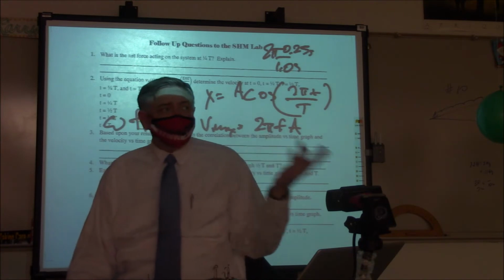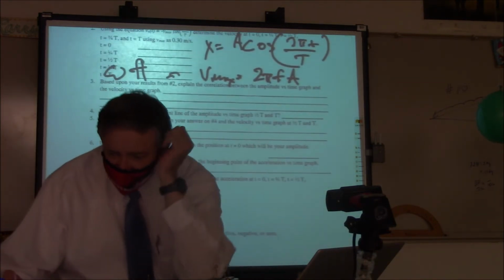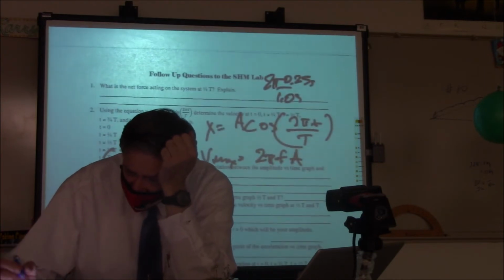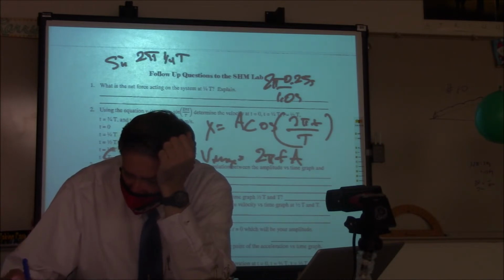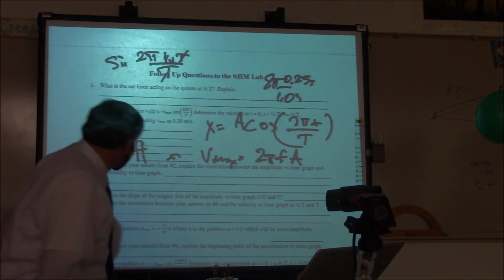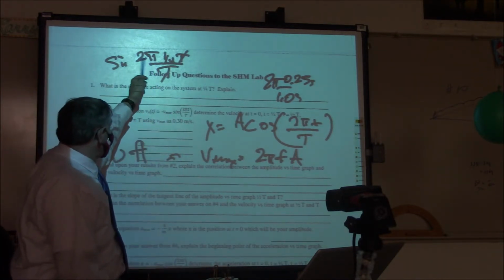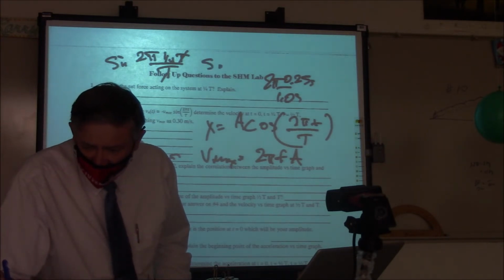Now, the other thing that you can do is a little bit more elegant. Again, it's a personal preference thing. You could go sine of 2 pi, and then you've got 1/4 t over t. The t's cancel out. So I have 1/4 times 2 pi, which is the same as taking the sine of pi over 2, right?